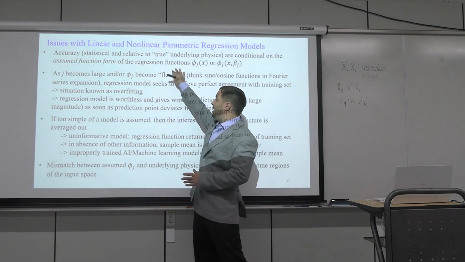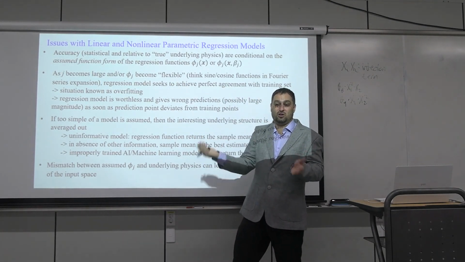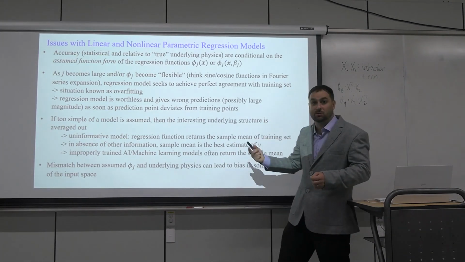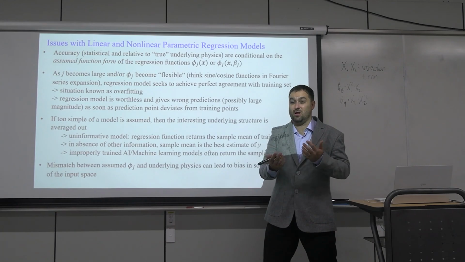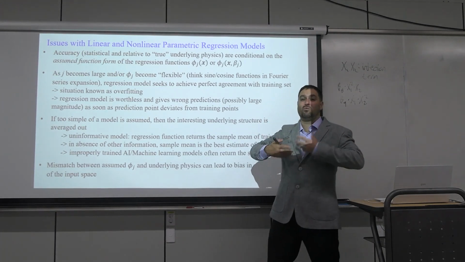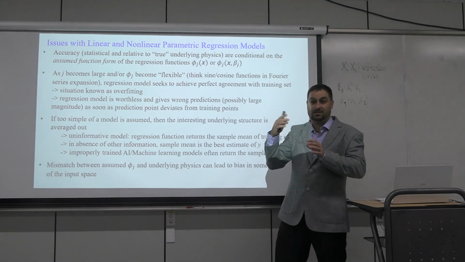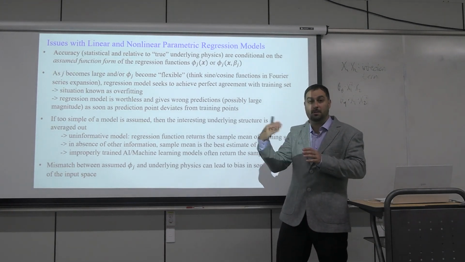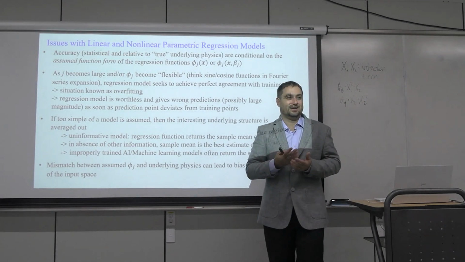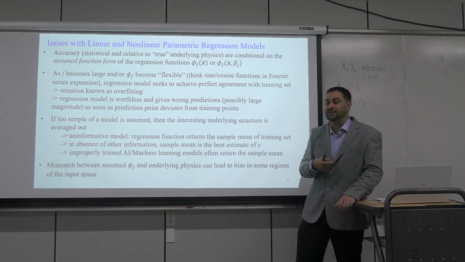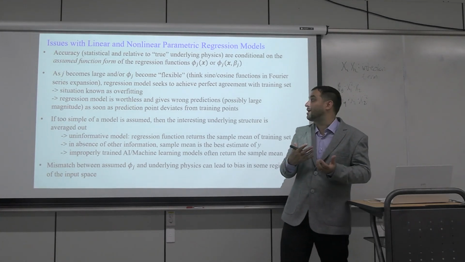If you use the wrong functional form that doesn't agree with the underlying physics, you can perform the regression correctly and estimate those parameters, beta naught, beta 1, beta 2, beta 3, but if the functional forms do not accurately describe the underlying physics, you might end up with a model that has very poor predictive accuracy.